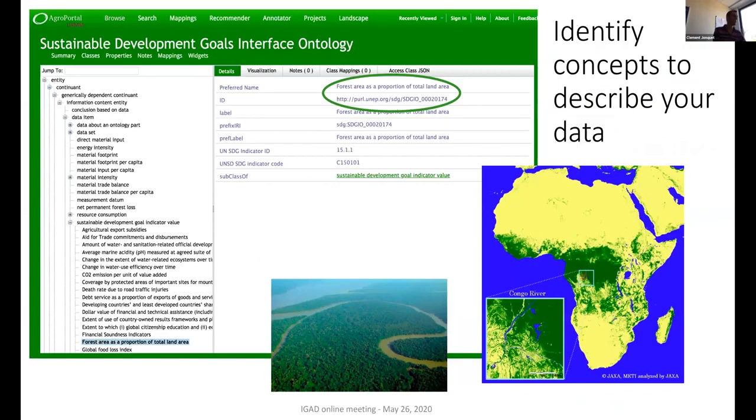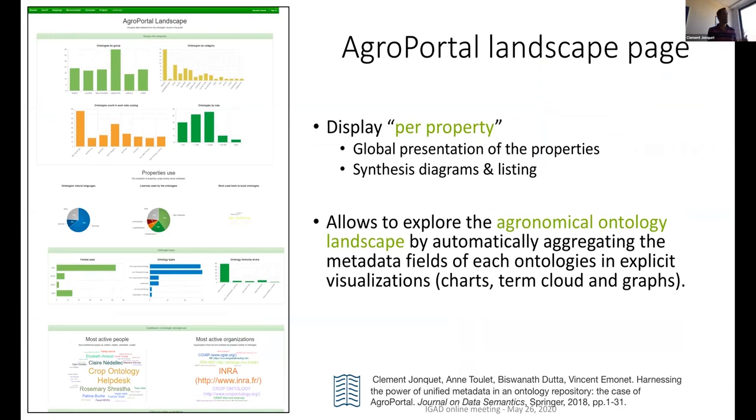We work on what we call the AgroPortal landscape, being a place where we have several vocabularies and ontologies. We're interested in being able to show, using that metadata information, information taken at the global level of all the ontologies in the portal. There is a reference publication for that, but the idea is to see the users and organizations that are important in the domain, or the different groups, or the different properties that are used per ontology, things like that.